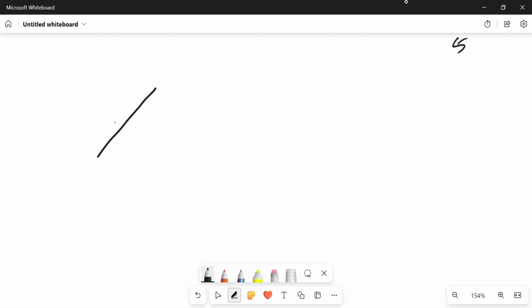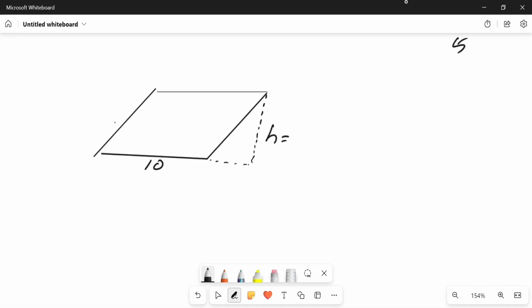Look at this parallelogram. Say the length is 10 centimeter and the perpendicular height h equal 8 centimeter.